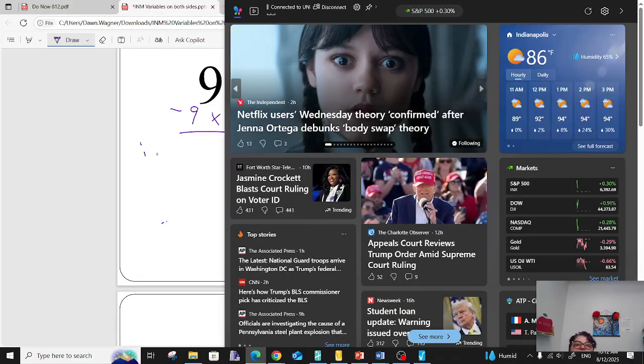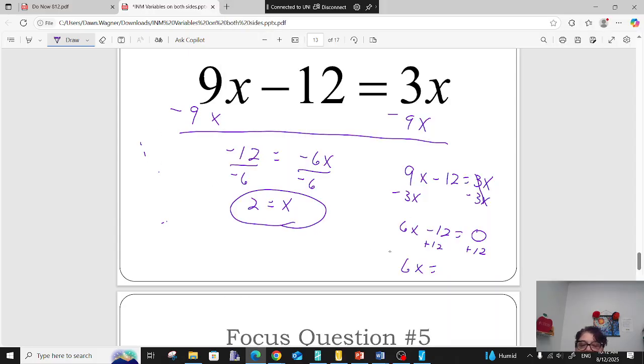Then you divide by 6, and you get x equals 2. So you could do these problems more than one way. This is if you wanted to keep your variable on the left side. This is if you didn't care which side your variable is on. Both of them are logical and can work to do these. Does that make sense? Okay.